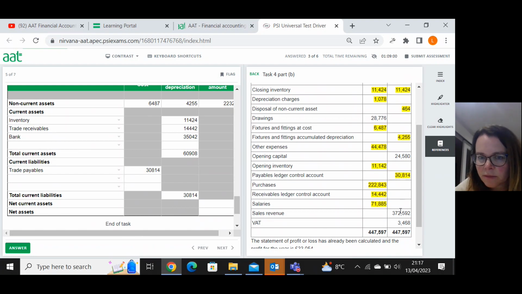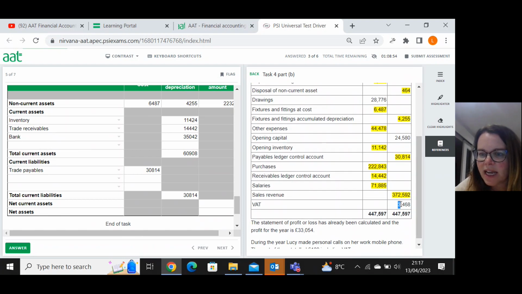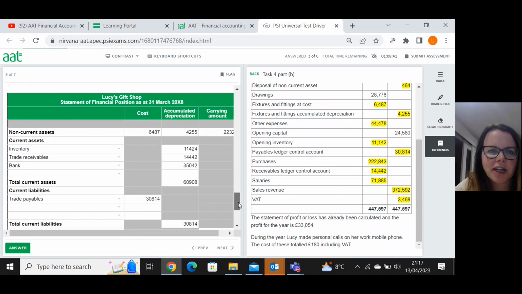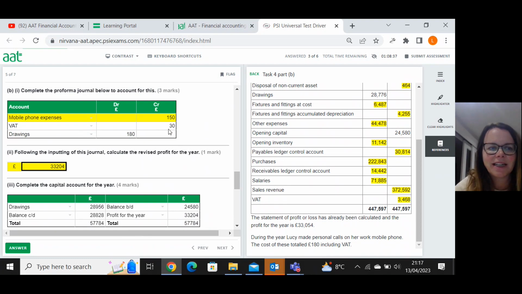So, and sales revenue was already in my statement of profit or loss, which just leaves me this VAT figure of 3468. Now, just remembering to myself that in an earlier part of the question, this is a bit naughty of them, I've credited VAT with 30.